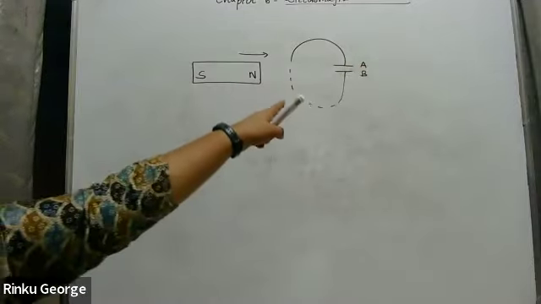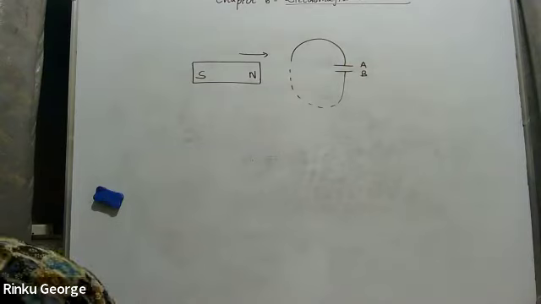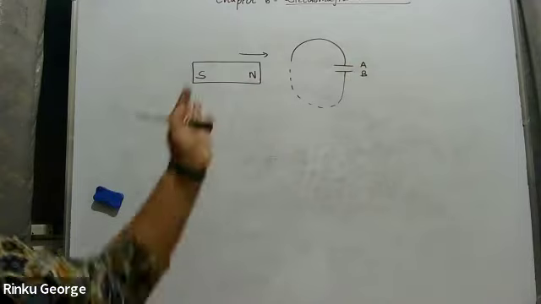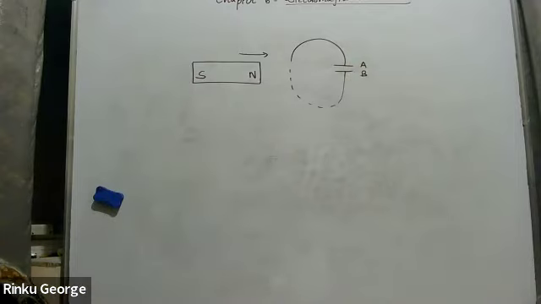It's a capacitor. A capacitor will have a positive and a negative plate. Always current flows from positive to negative. So you just need to find the direction of the induced current. Accordingly, you can predict. Try.